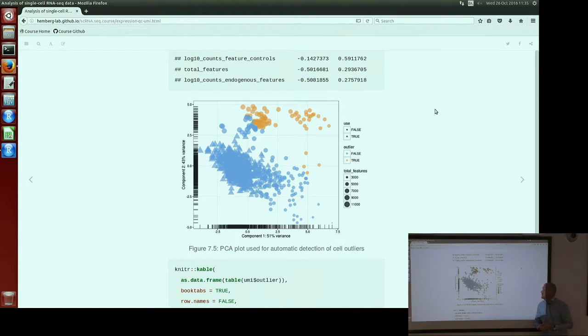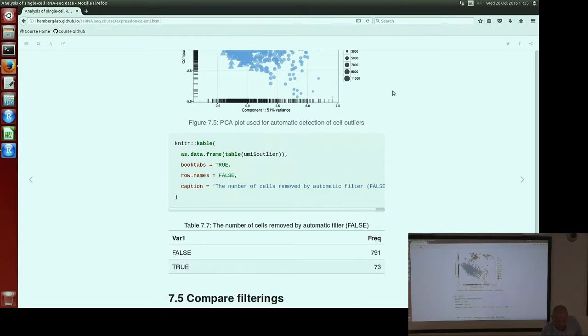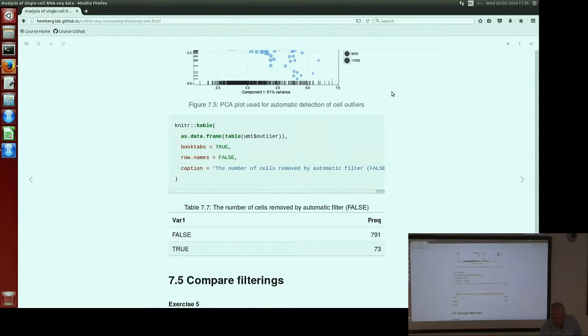And Scater also has a default algorithm which can identify the outlier cells from this plot. So you just run it, and it tells us these orange cells are outliers, and the rest are good cells. So this filter removed 73 cells from our data set.